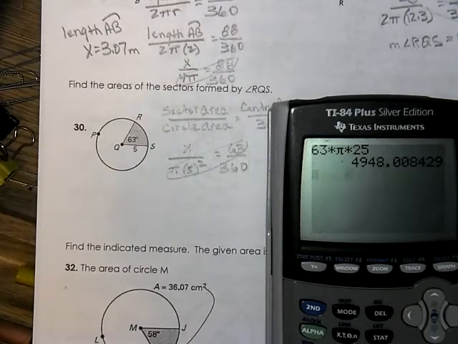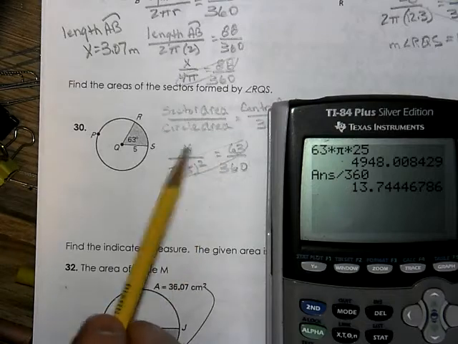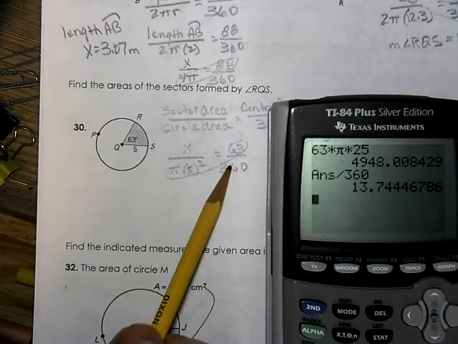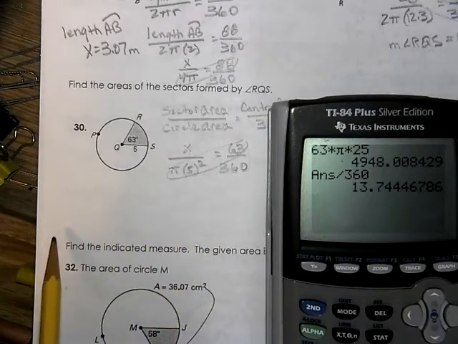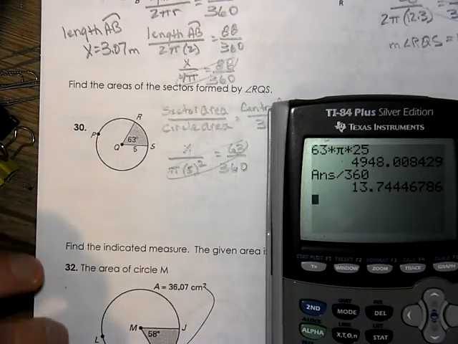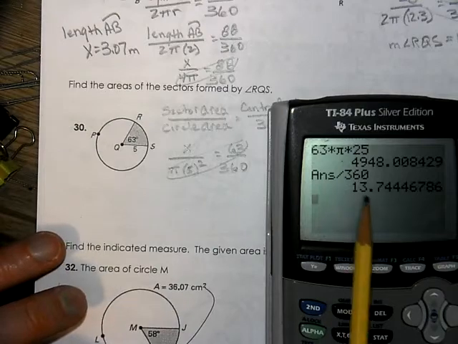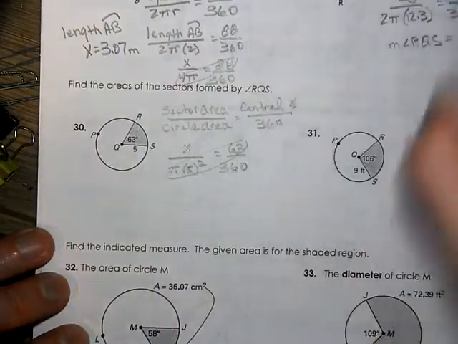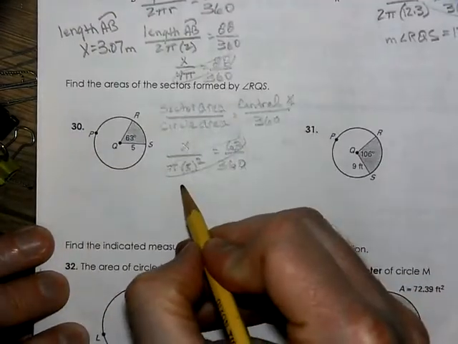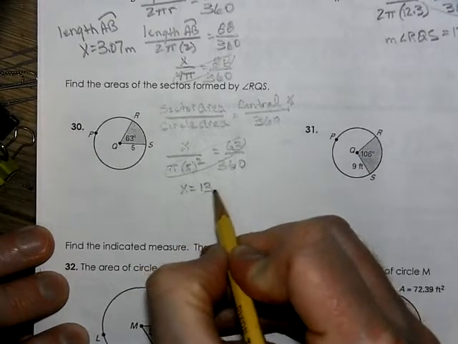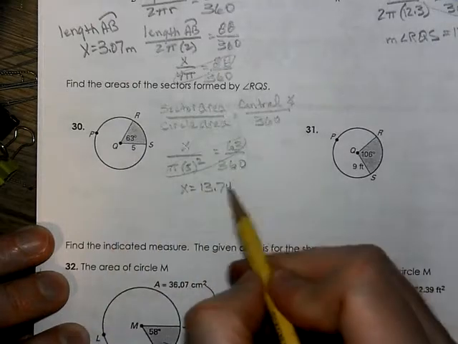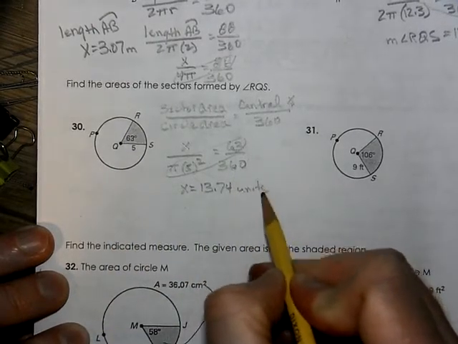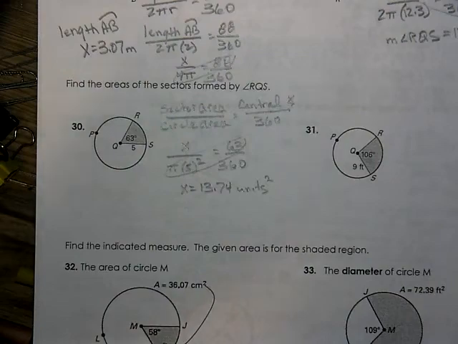Get a real big number, divide that by our 360. Notice I didn't cross multiply this way because I don't want to multiply things with the x. I want to get things away from the x, so I didn't take time to bring that up because I'd be dividing it away. So 13.74. And it doesn't give us units here, so we just say units squared because it is an area.